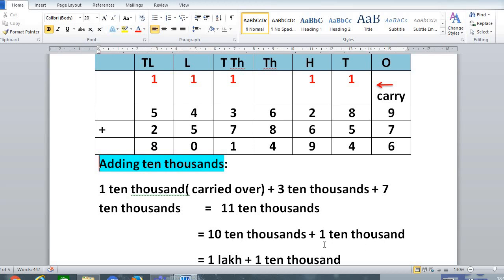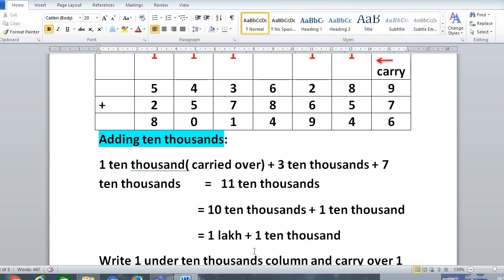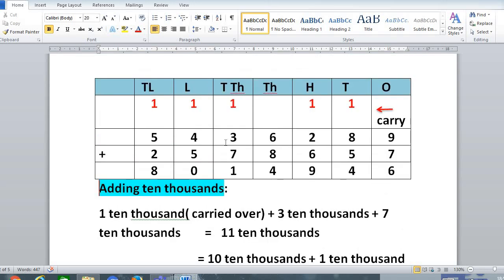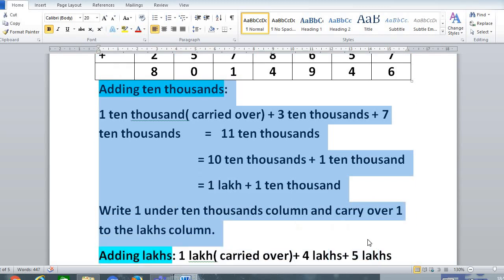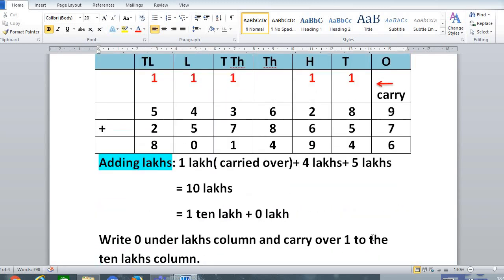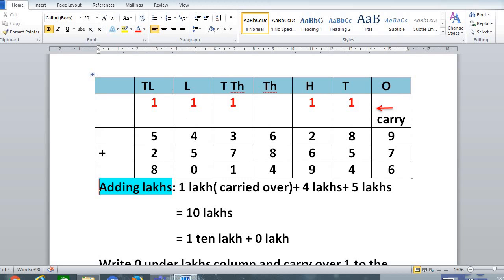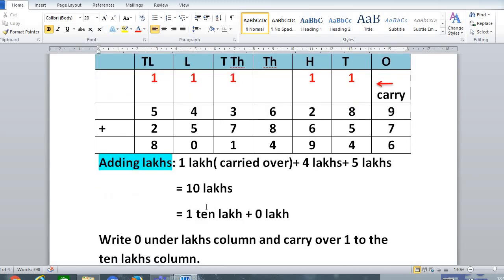So this 1 ten thousand, we write 1 under the ten thousands column, and this 10 ten thousand means 1 lakh. So 1 lakh, carry over to the lakhs column. So after ten thousands, come to the lakhs column. Here 1 lakh, already there, carried over, plus 4 lakhs plus 5 lakhs, that is 10 lakhs.